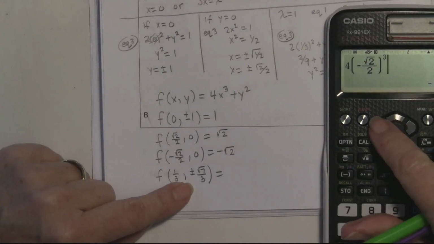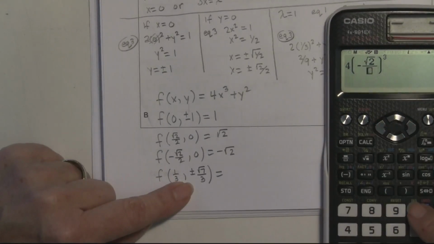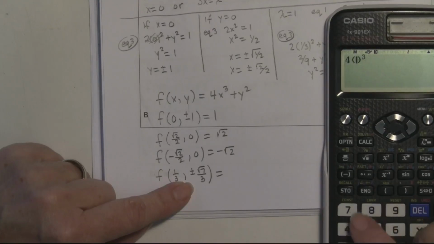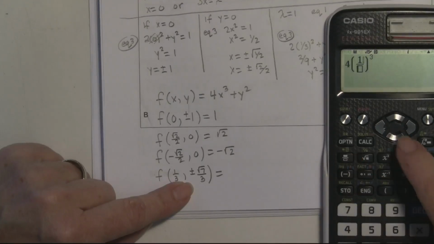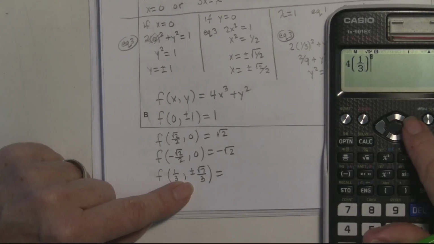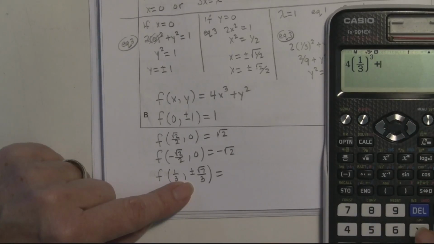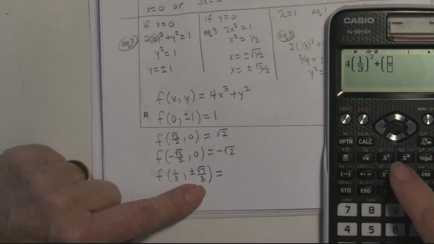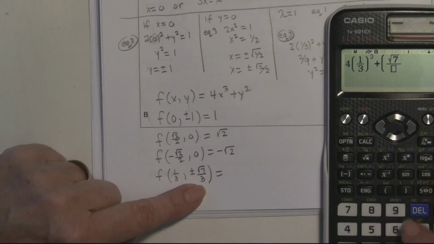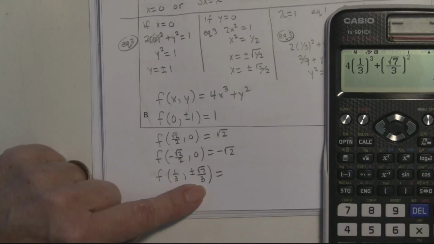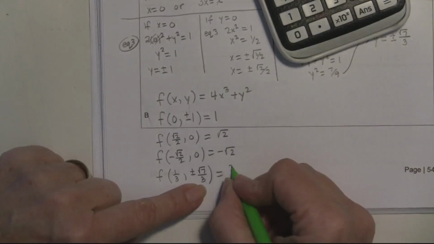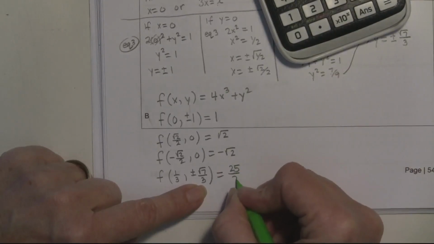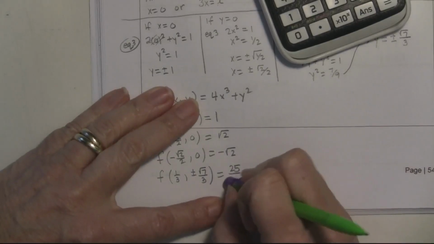So let's see here. 4 times 1/3 cubed, plus y squared. It doesn't matter if I put the plus or minus in there. I'll just put the plus in there. Should be the same. 3 in the bottom, and this should be squared. And that's 25 over 27.